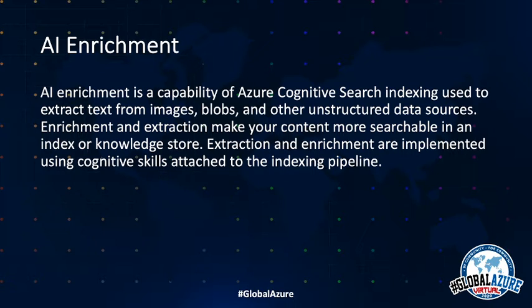The enrichment and the extraction make your content more searchable, because it is based on an index or on a knowledge storage. The extraction and the enrichment are implemented using cognitive skills attached to the indexing pipeline. The cognitive skills can be the cognitive services, but you can even provide third-party or your own solutions. Yeah, that is also possible.